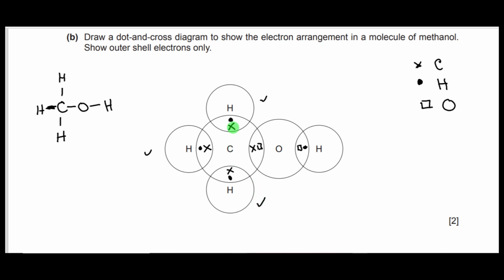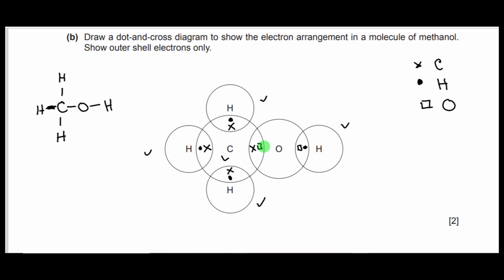Now this carbon now has what? 1, 2, 3, 4, 5, 6, 7, 8. So it's checked, correct? Now this other hydrogen also has what? 1, 2. So all the hydrogen and carbon atoms are completely filled, right?